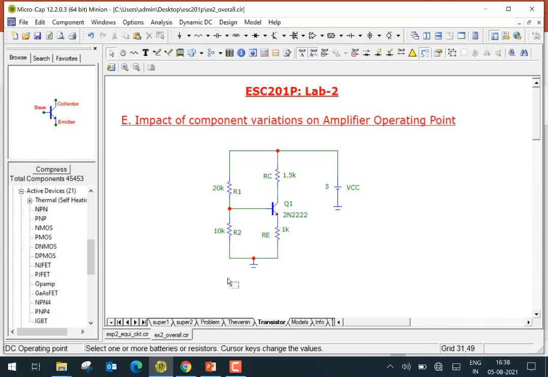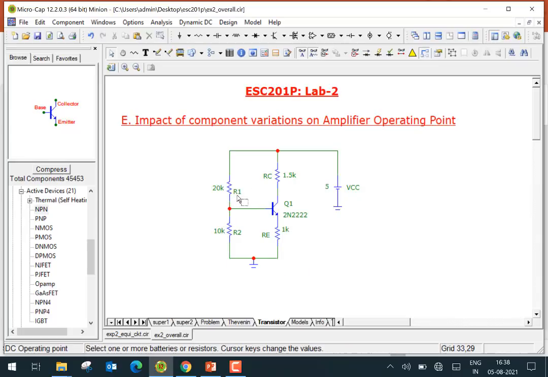The way to do it is, for example, let's take R1. R1, we know, can go as high as +10% or as low as -10%. So should we make it 10% higher or 10% lower?